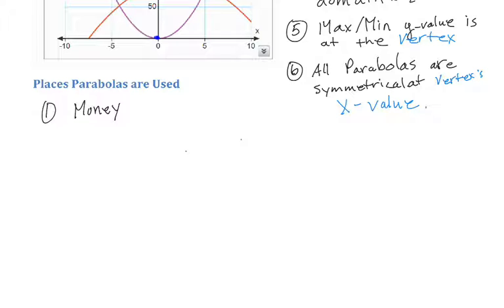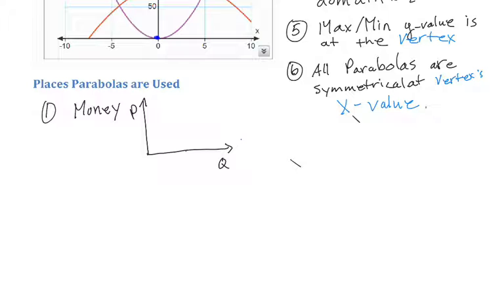So for example, let's say I had a graph that represented the quantity of stuff that I could sell. But then also I have a price value. Now this is all from the perspective of the business.